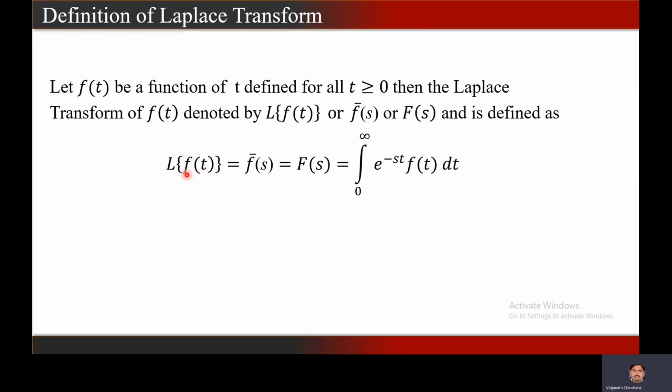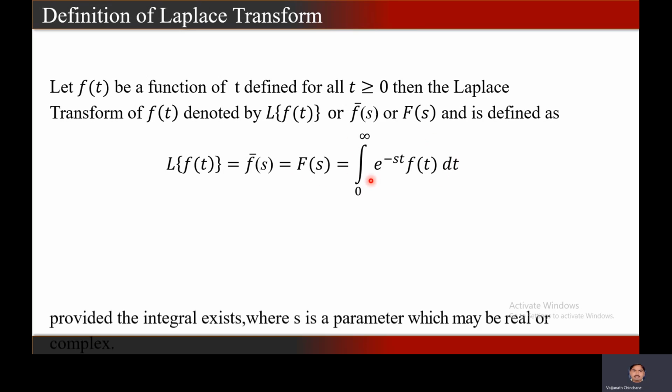Now this f of t is in the domain of t on which we apply the operator L, then we have the value which is in terms of s, that is in the domain of s, the domain of frequency. After evaluating this integration from 0 to infinity, we get the result in terms of s. It means that this is said to be F of s.